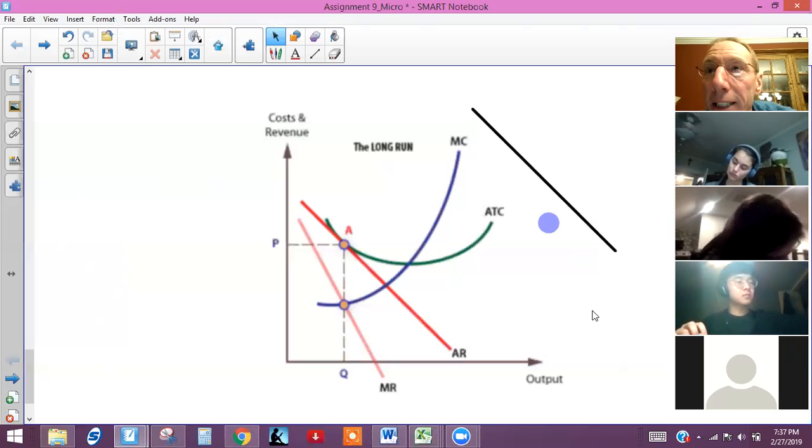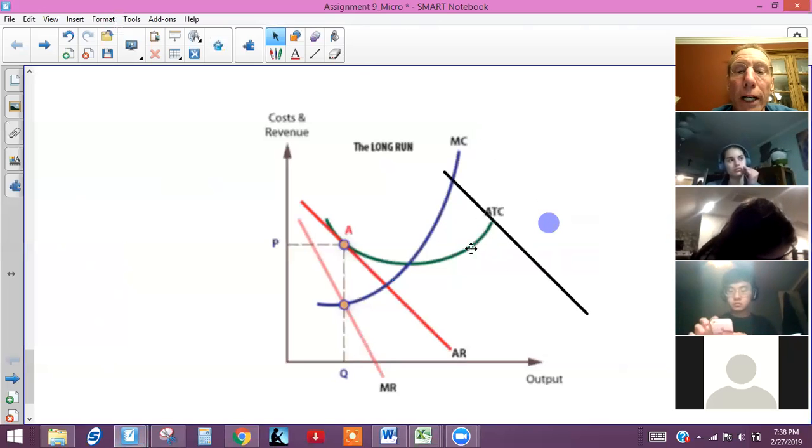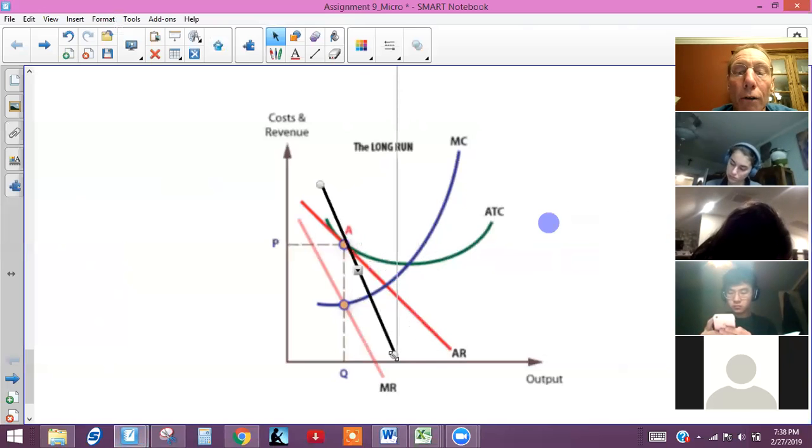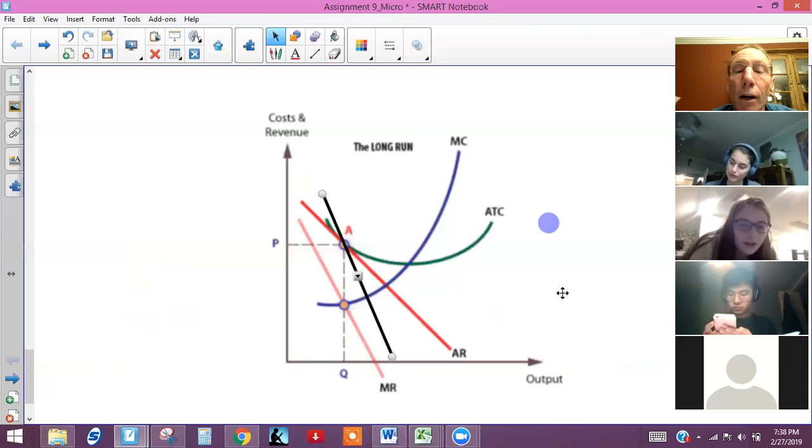So that's inelastic. If we think about this right here, let's say this firm wants to make more revenue by raising the price. If their demand curve is very inelastic, they're able to raise price and lose very little in quantity.